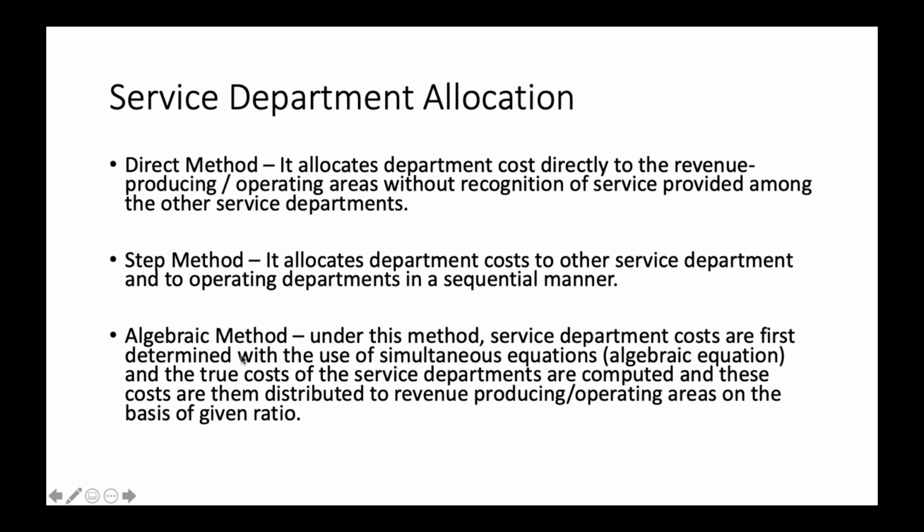Now we can also use the algebraic method wherein service department costs are first determined with the use of simultaneous equations, and the true costs of the service departments are computed, and these costs are then distributed to revenue producing operating areas on the basis of a given ratio. So in the algebraic method, we need to learn how to compute the true cost of each service department and distribute it according to the ratio.